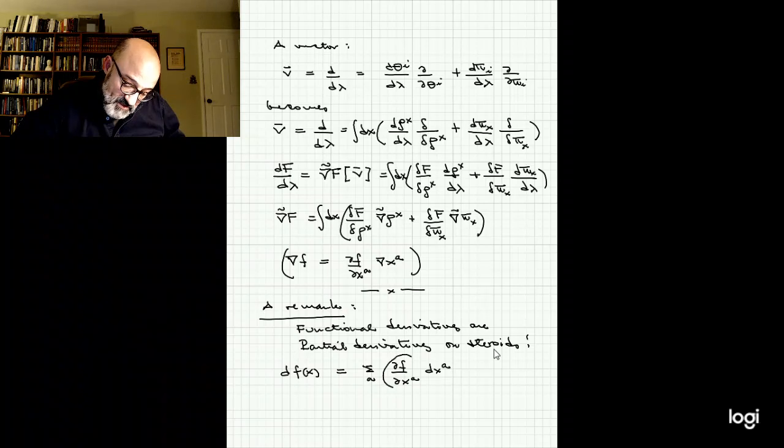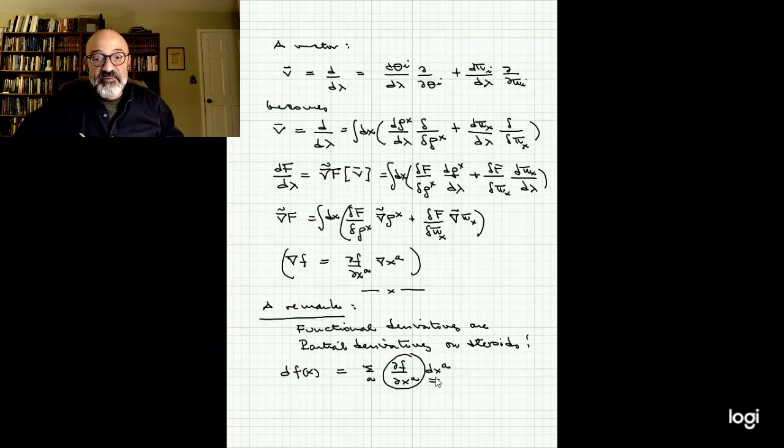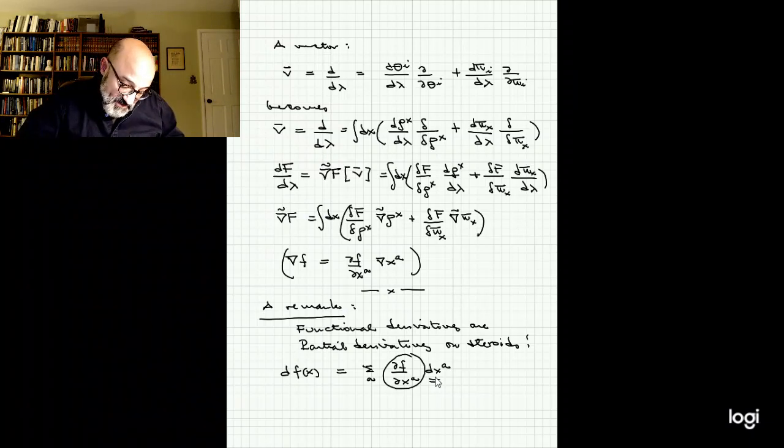Partial derivatives are the coefficients of the changes of the variables. That's what partial derivatives are. Functional derivatives with respect to rho are exactly the same.